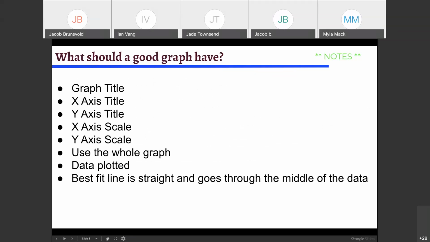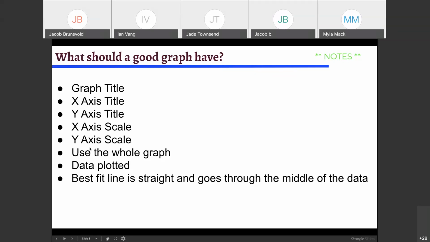Okay, what should a good graph have, though? So this is what I want you to be looking at when you're looking at this student's work. Does their graph have a title? Do the x-axis and y-axis have a title? Do those titles include units? Does the x-axis have the correct scale? Does the y-axis have the correct scale?